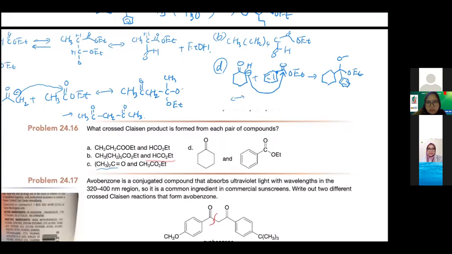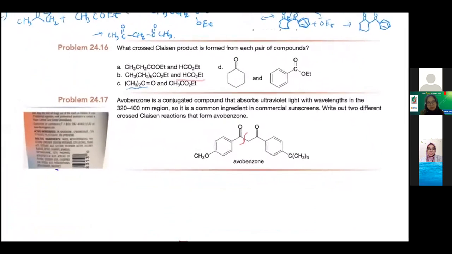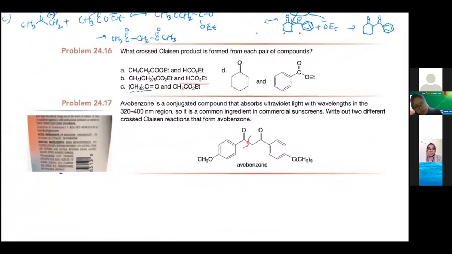Deprotonation again. Yes, the same. There is a similar reaction mechanism, but please consider the Claisen reaction again by yourself.